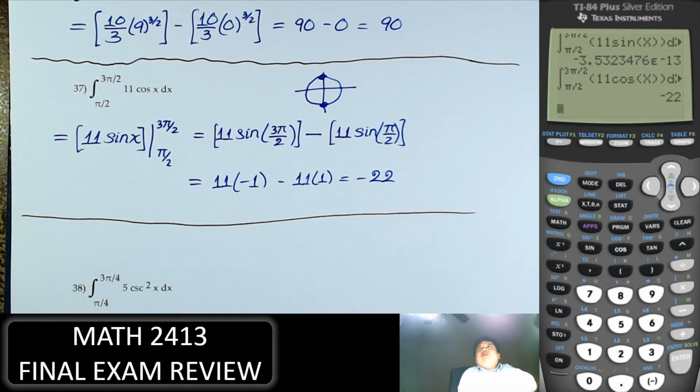So if we have to guess the antiderivative of cosecant squared, what derivative is equal to cosecant squared? And you said, oh, cotangent. Yes, so it will be cotangent.